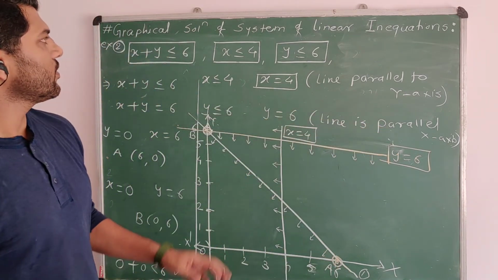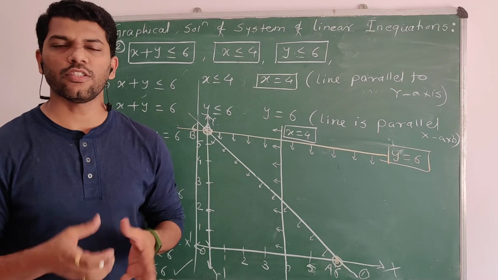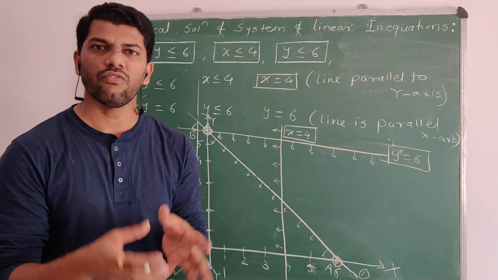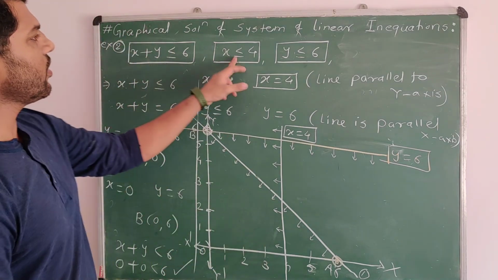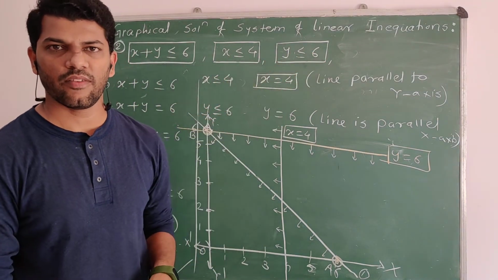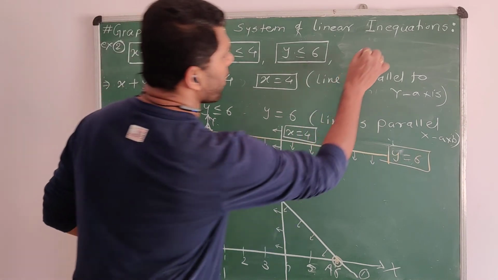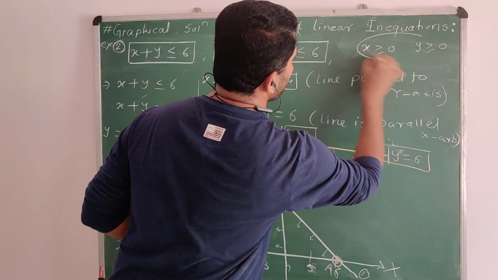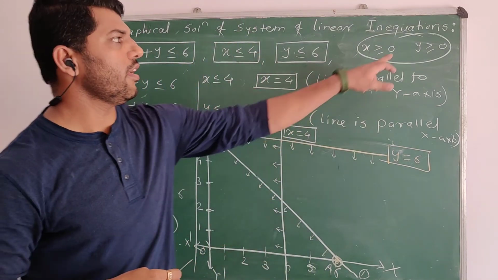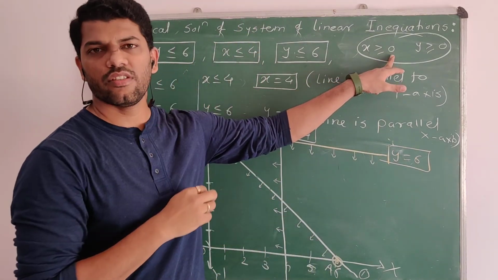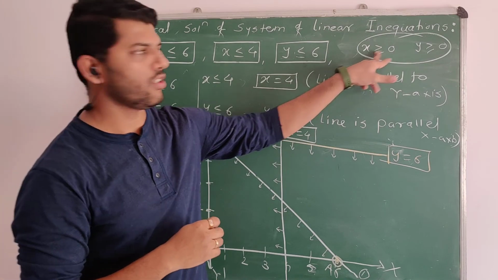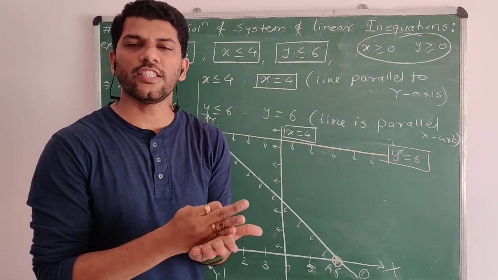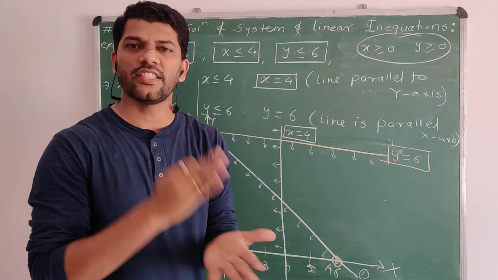Now what is the meaning of a feasible solution? A feasible solution is the region which satisfies all these three inequalities simultaneously. And one more point, as we discussed already: what does this indicate? It simply indicates the first quadrant. x greater than 0, positive. y greater than 0, positive. x is positive, y is positive means the solution lies in the first quadrant.